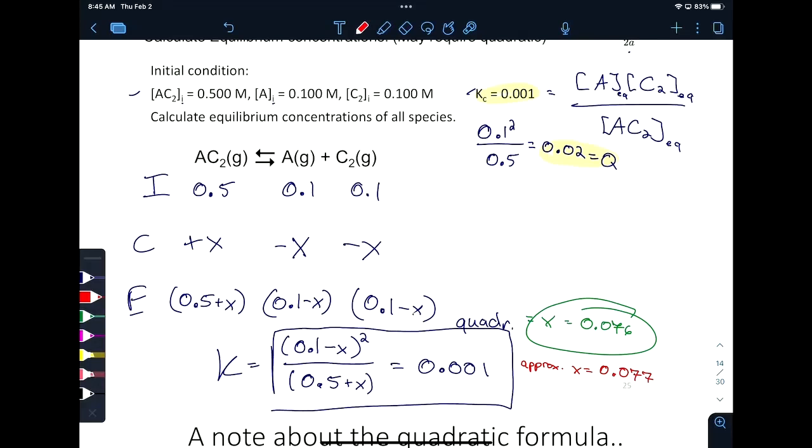If it's multiple choice, it's just the last significant figure that's going to be different. You'll be able to get close enough to the answer as long as you use a valid approximation. So which one do you want to do, quadratic or approximation?